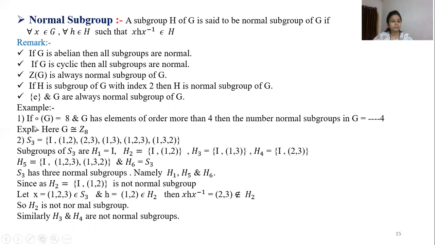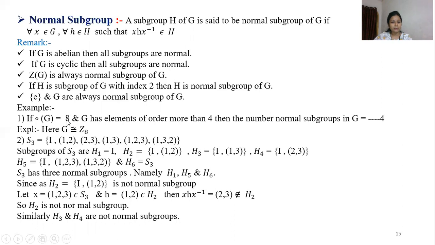Consider one example. Suppose I have a group G whose order is 8, and G has elements of order more than 4. How many normal subgroups of G exist? The order of G is 8, so there are several possibilities.